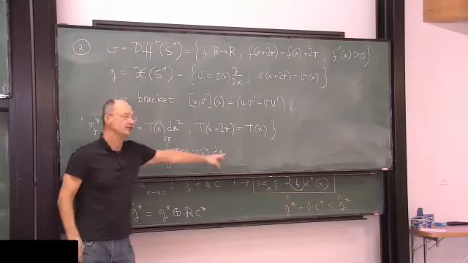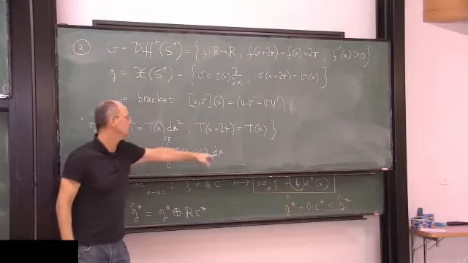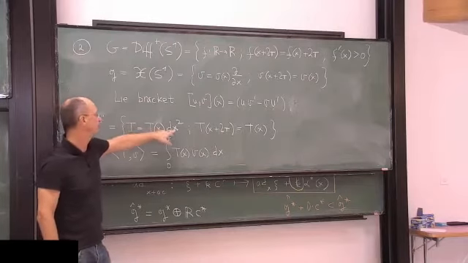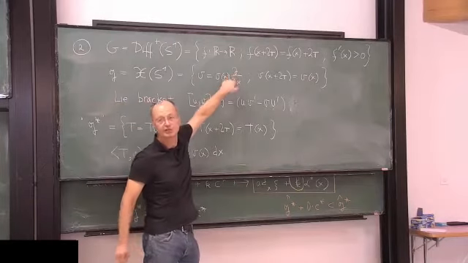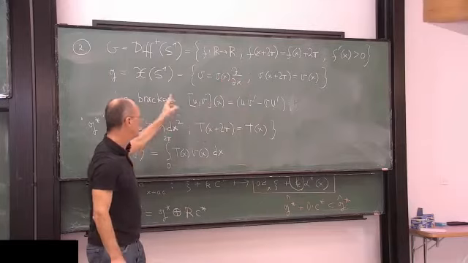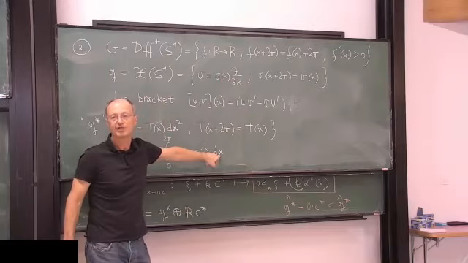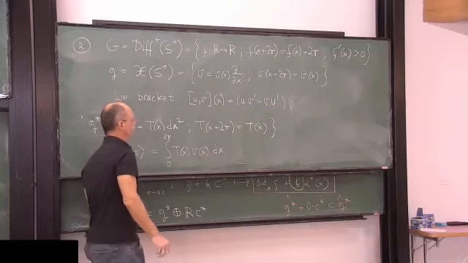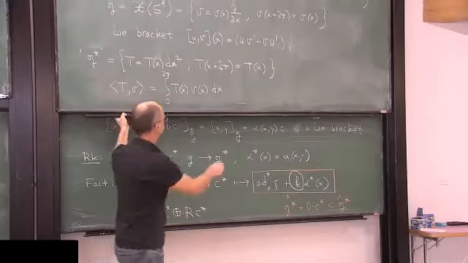And now this expression is natural with respect to the change of variables. So here we have dx squared, here we have d over dx, and the pairing is naturally a one-form, so therefore I can integrate it over the circle.